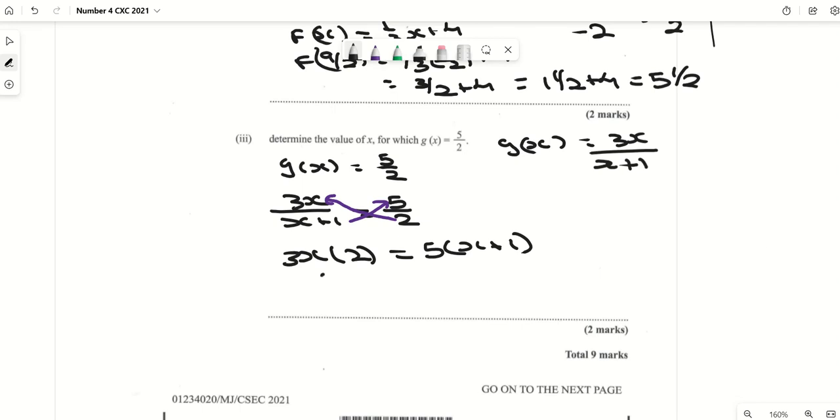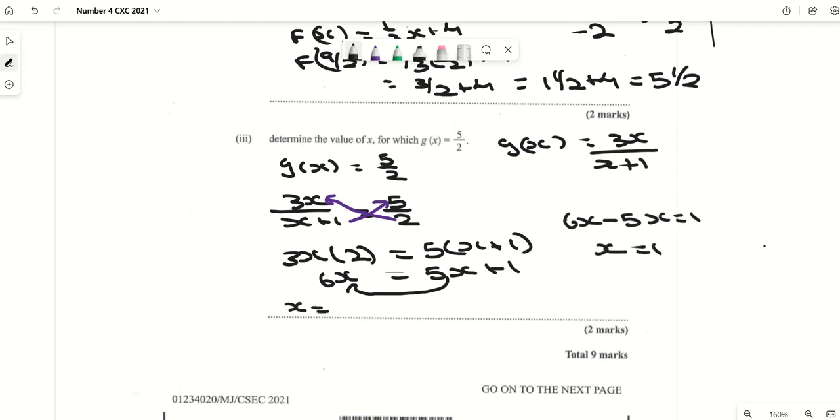So 3 2's are 6x is equal to 5x plus 1. So we're going to make x the subject. We want to carry across 5x. If we carry across 5x, it's going to be minus 5x. So 6x minus 5x is equal to 1. 6x minus 5x is x is equal to 1. So my value for x would be x is equal to 1. Do we understand this? Are we okay with this?